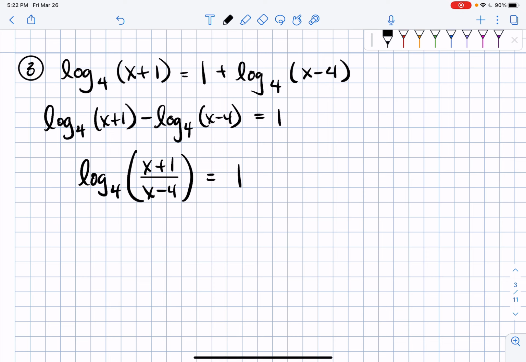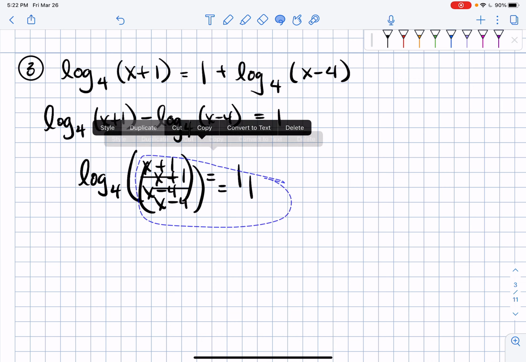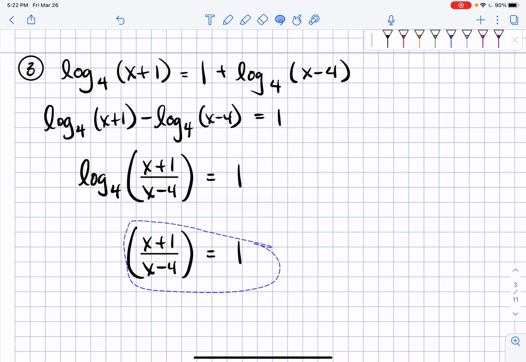Look at what I can do now. Now I can convert this to exponential form. Remember what I said in problem number 1, I can just take this right here, duplicate it, and go boop. Since the 4 was the base on this side, it is now going to be the base of this side.